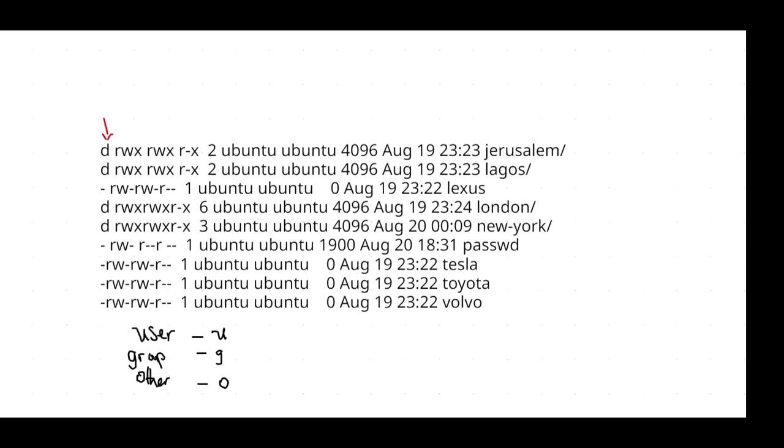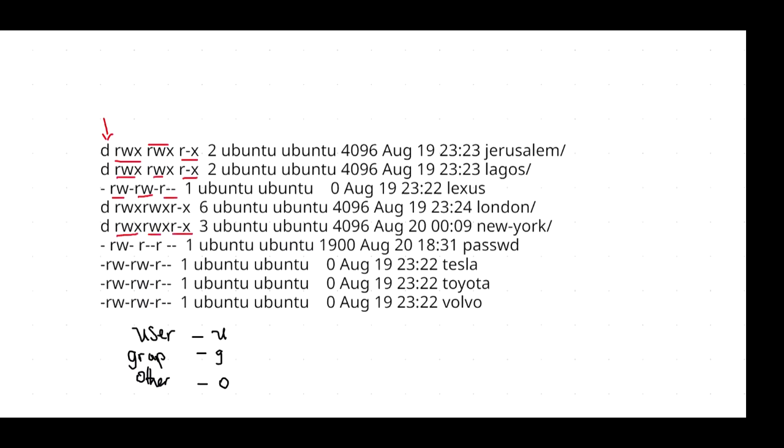But the remaining 3 permissions are in bits. 1, 2, 3. The same thing for this. 1, 2, 3. The same thing here. 1, 2, 3. Same thing here. 1, 2, and 3.